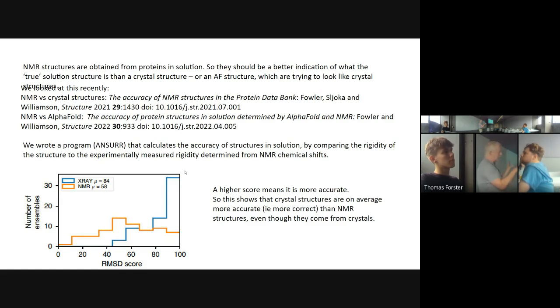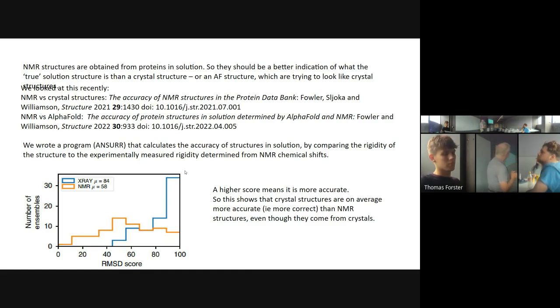And then it also takes NMR data for that protein in solution, and you can work out the local rigidity from the NMR data. So it's calculating the rigidity of the structure, calculating the rigidity as measured by NMR, and saying, are they the same? If they're the same, then your structure is correct. If they're different, your structure is wrong.